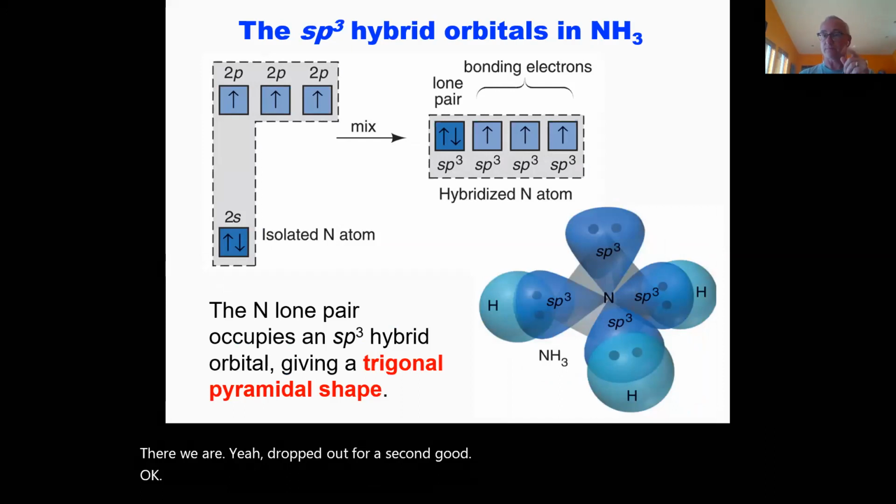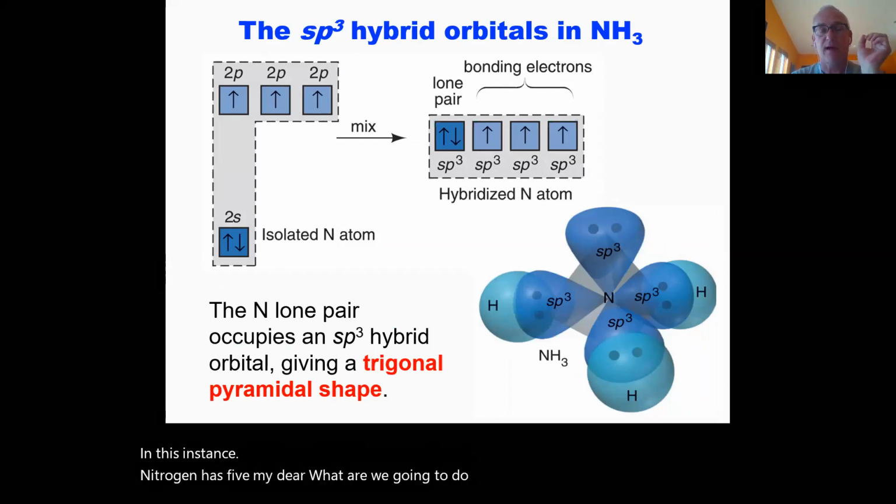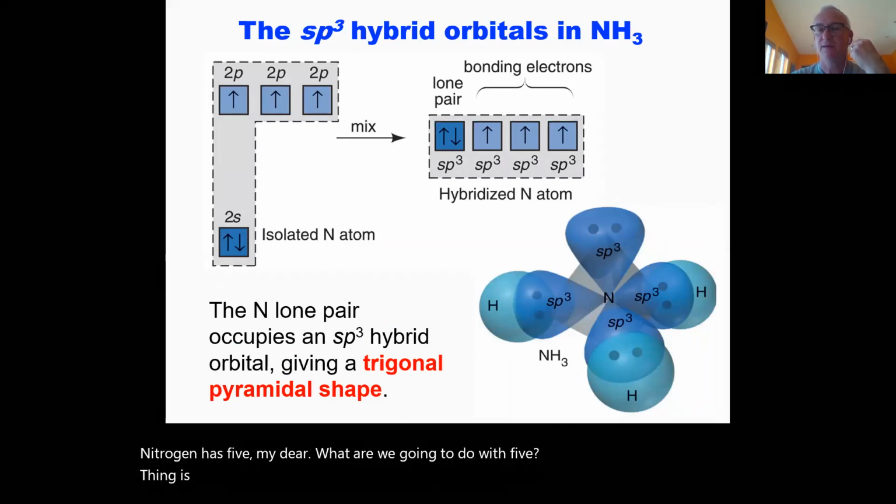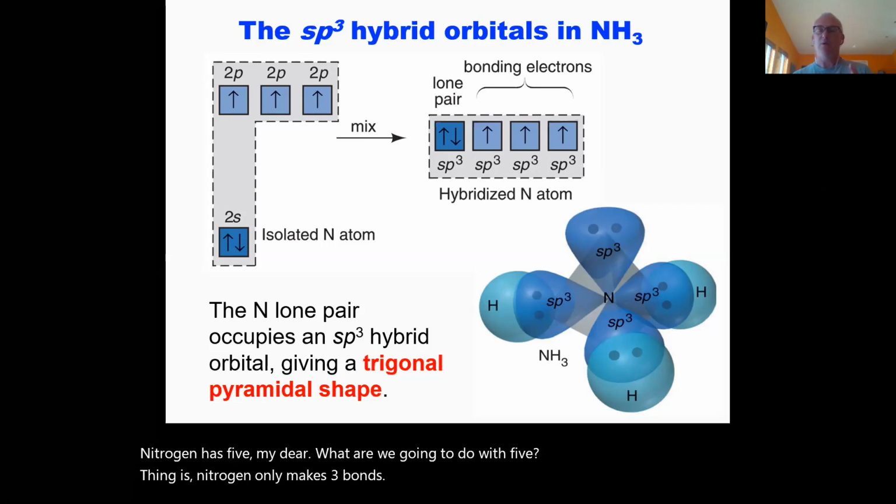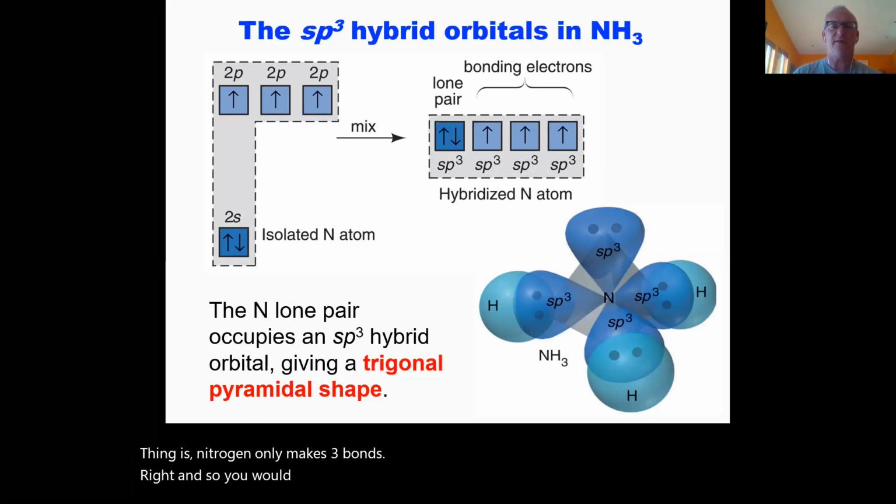Now, let's look at ammonia. In this instance, nitrogen has 5. Oh, my dear, what are we going to do with 5? The thing is, nitrogen only makes 3 bonds, right? And so you would think that it would be fine.